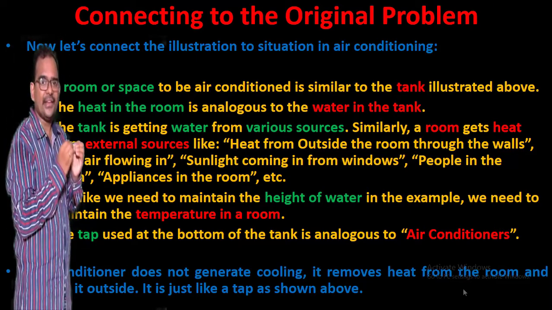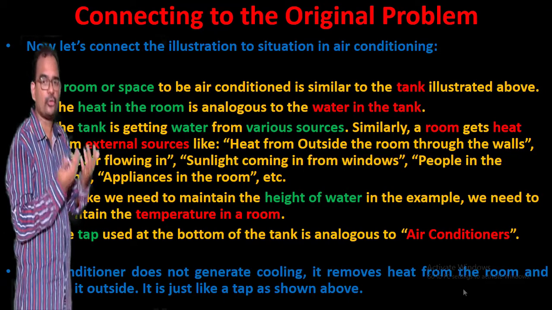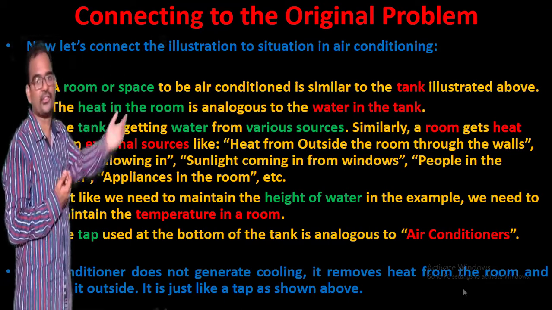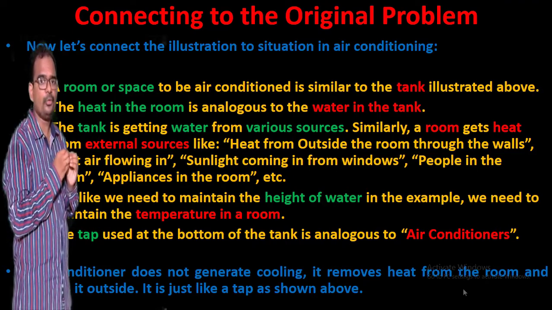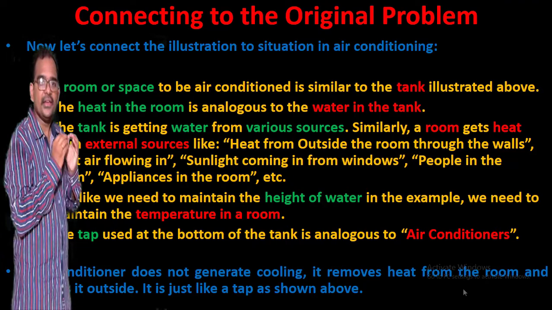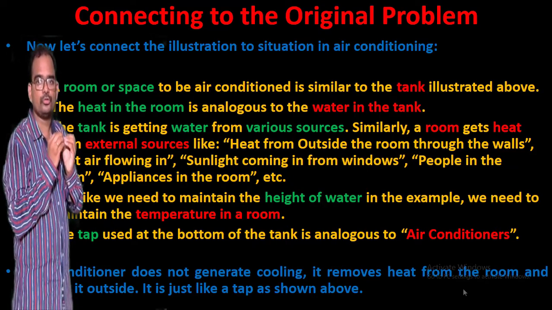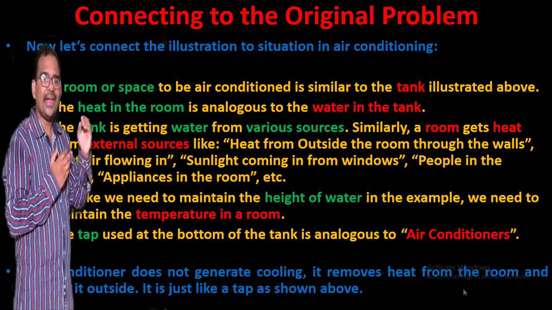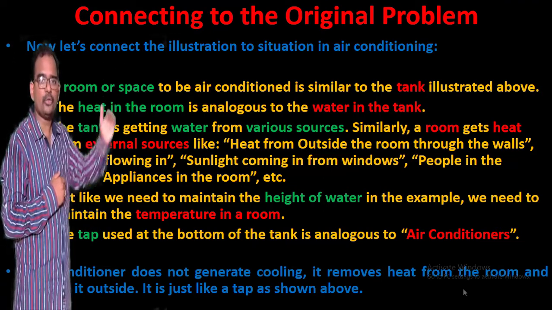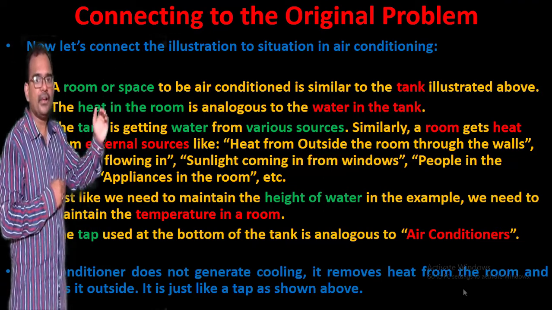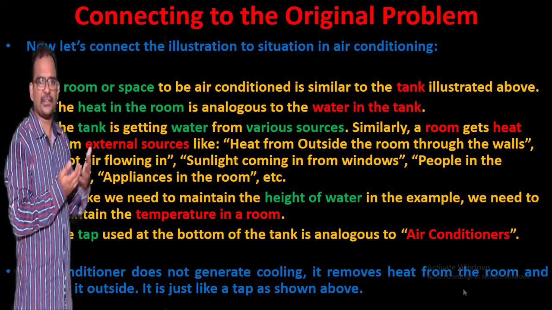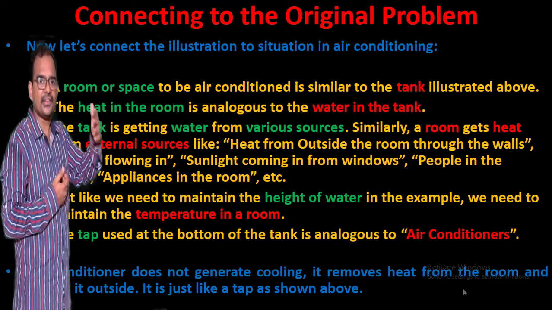The tank is getting water from multiple sources, from rain and from the tap which is open and some other reasons. Similarly, the room gets heat from external sources like heat from outside the room through the walls, hot air flowing in, sunlight coming in from the windows and doors, people in the room, appliances in the room, etc. There are multiple reasons for the heat generated inside a room.